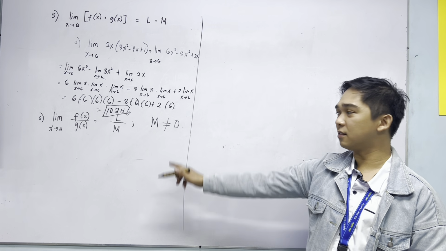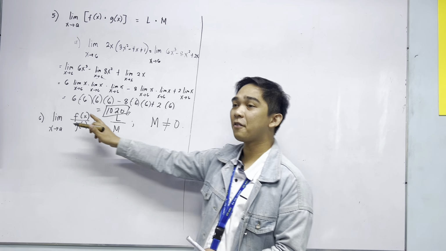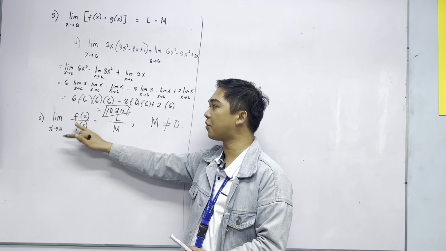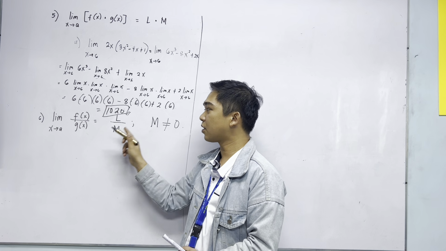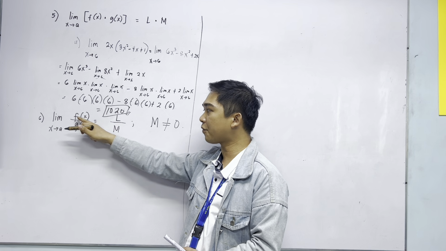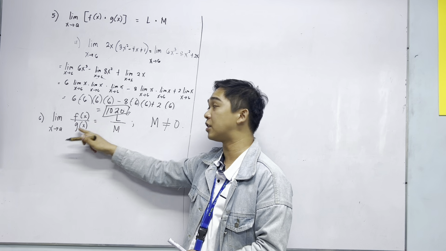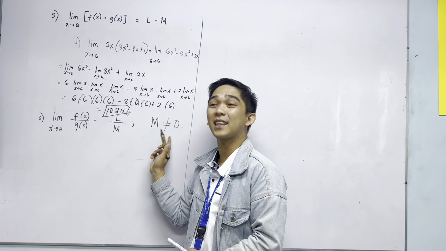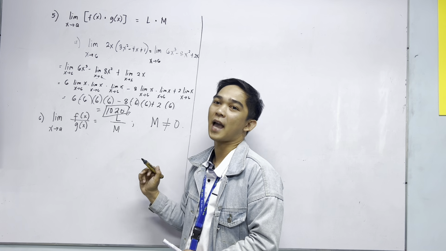Next, division. So we have two functions, same condition. So f of x over g of x. So limit of the f of x over the limit of g of x, where the limit of g is not equal to 0. Bakit again? Magiging undefined siya.